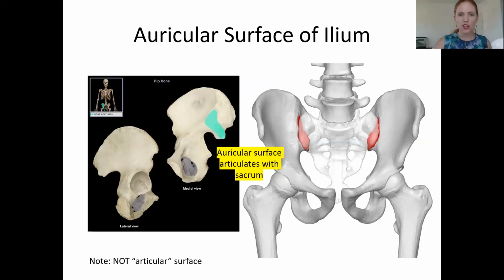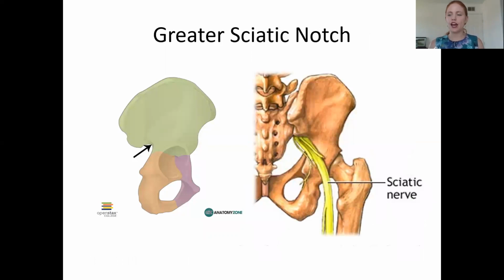The next one is the greater sciatic notch. A notch is like a cutout, like going snip, snip, snip. So you have this cutout right here. This is called the greater sciatic notch because that is where the sciatic nerve is going to exit and come down. It runs along the back of your leg, all the way down.